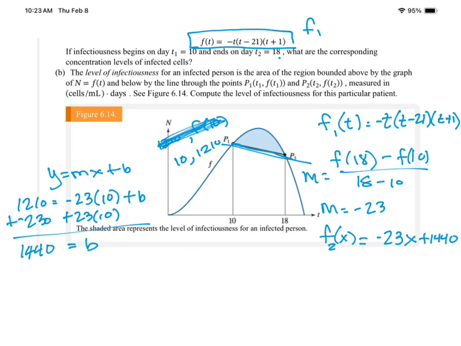And so then we're going to be able to integrate on the interval from 10 to 18. What's my high function? F1, minus F2 of x after you put the line in there.